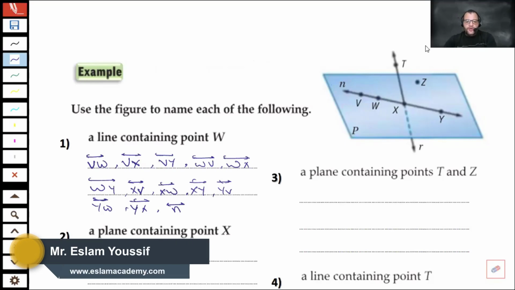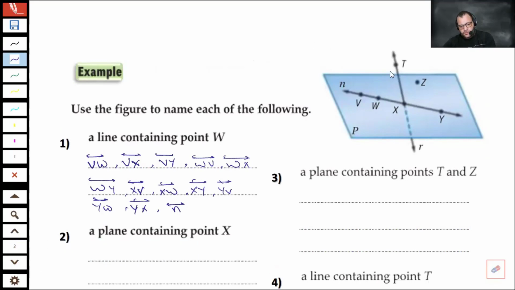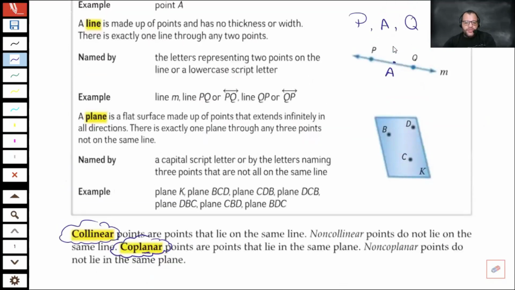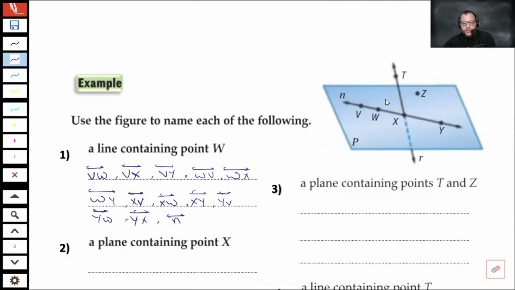Now, for number 3, we need a plane that contains the points T and Z. How can you name the plane? If you remember when we were explaining the plane, we can name the plane by any three non-collinear points. They must be non-collinear, not lying on the same line. So to find any plane passing through the points T and Z, you can choose any other point not lying on the same line with the two points.